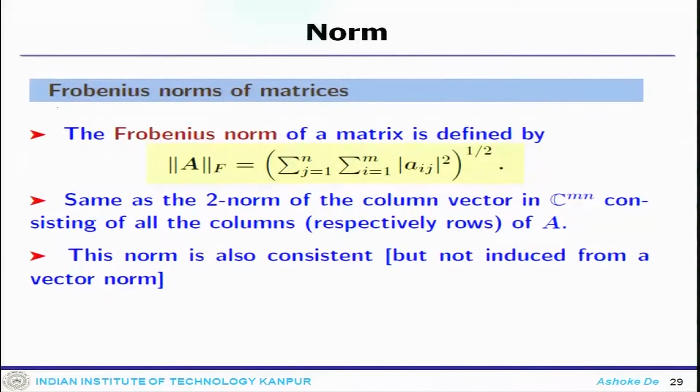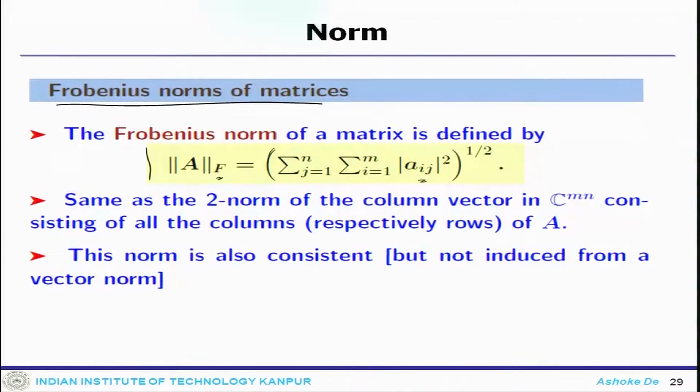Now, when you look at the Frobenius norm of matrices, it can be defined like this: the Frobenius norm of A, where F stands for Frobenius, equals the sum over j equals 1 to n and i equals 1 to m of the squares of a_ij, these being the components of the matrix, and the complete term is taken under a square root.